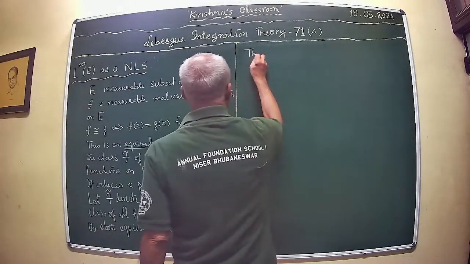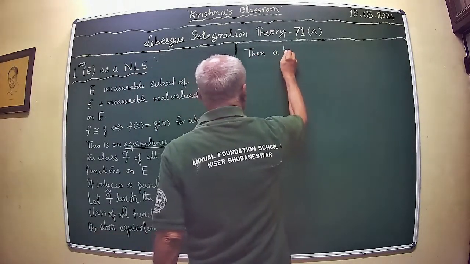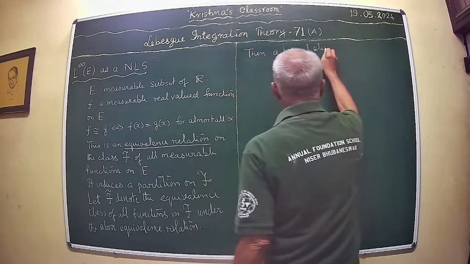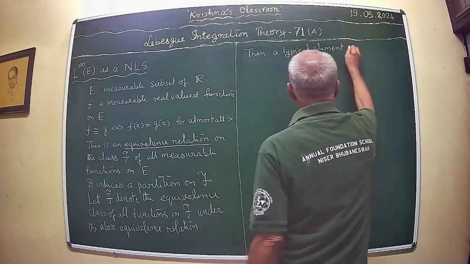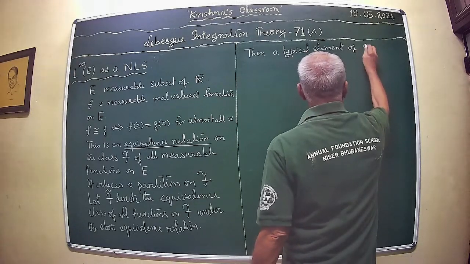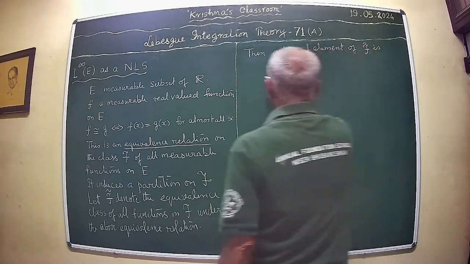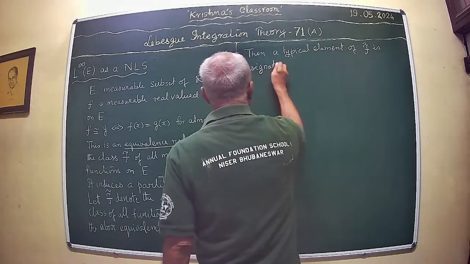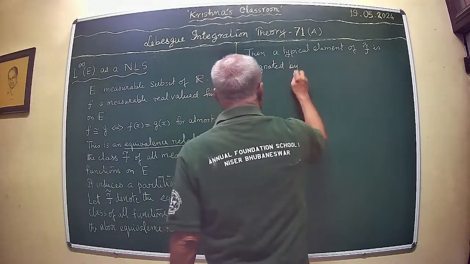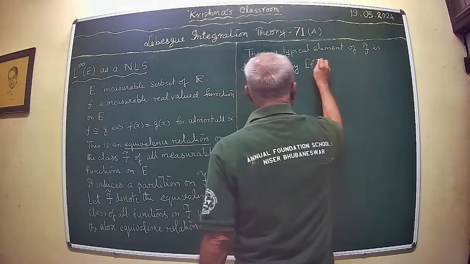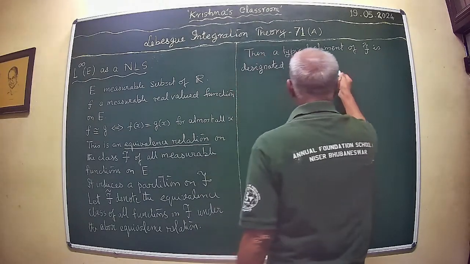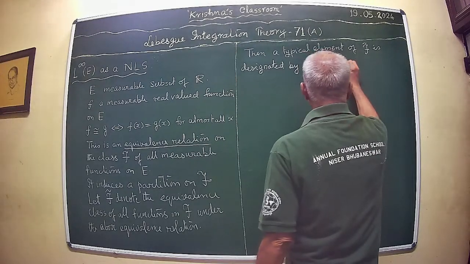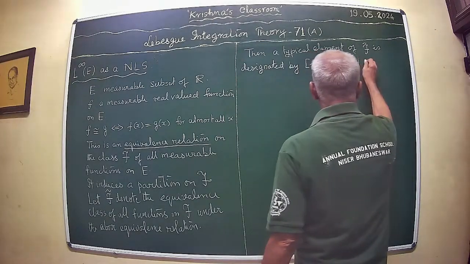Then a typical element of this space, designated by F tilde, is defined as the set of all G such that G equals F almost everywhere.